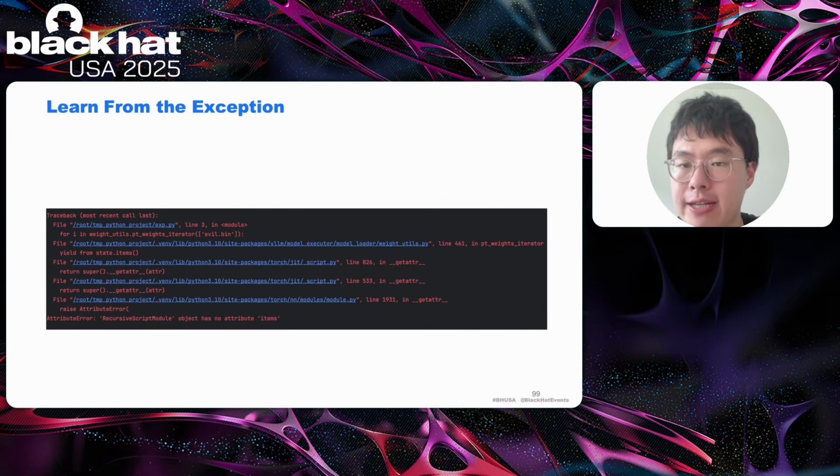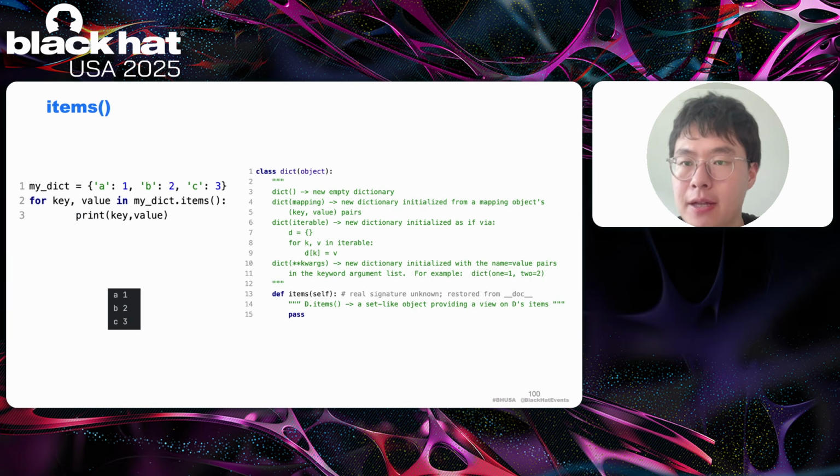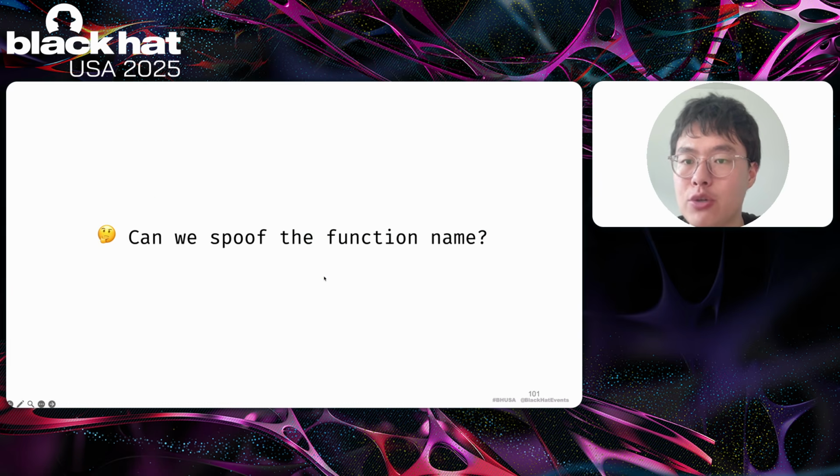However, at that point, I noticed the exception message. It said that the model object doesn't have the attribute named items, and this error message gave me some inspiration. items is essentially a method in Python, commonly used to iterate over dictionary type objects. As you can see here, items is in fact a function. So can we spoof the function name?